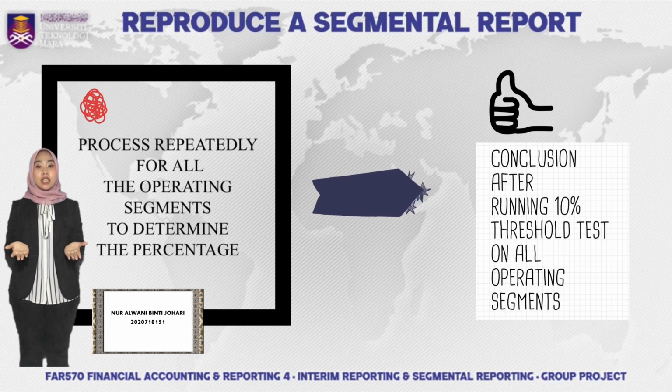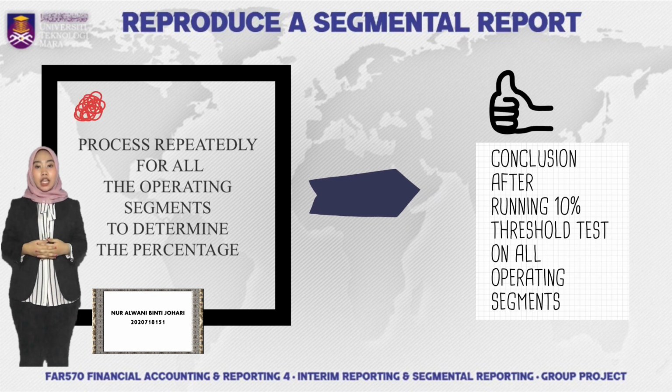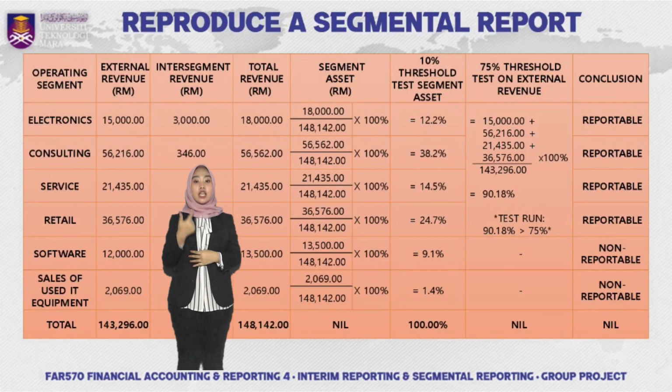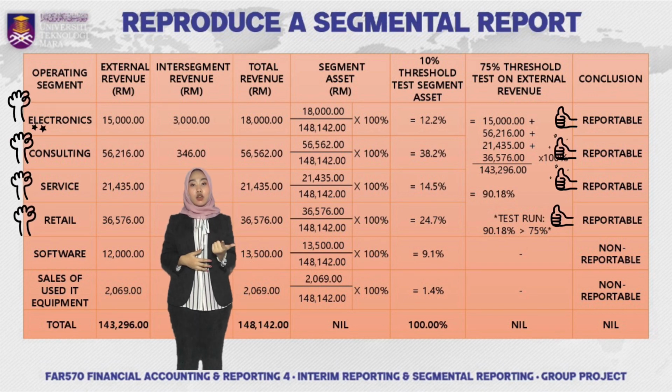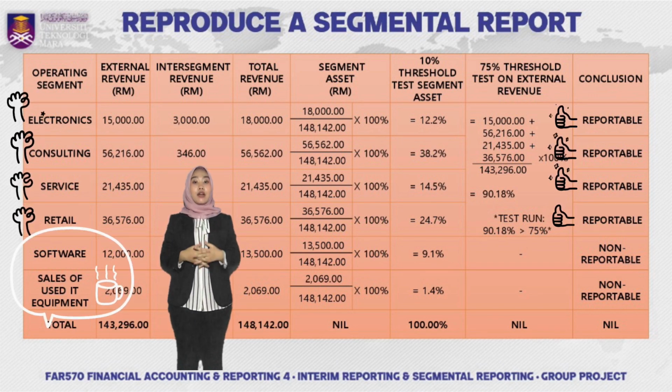After running the 10% threshold test, we can conclude that the electronic, consulting, service, and retail segments are reportable operating segments, while software and sales of used IT equipment are non-reportable operating segments.